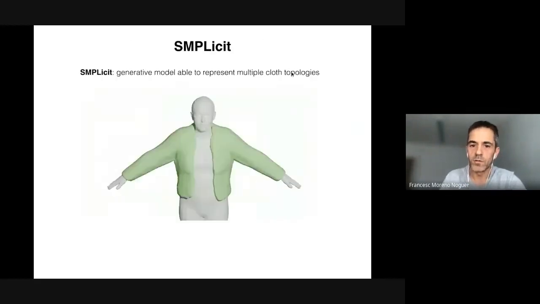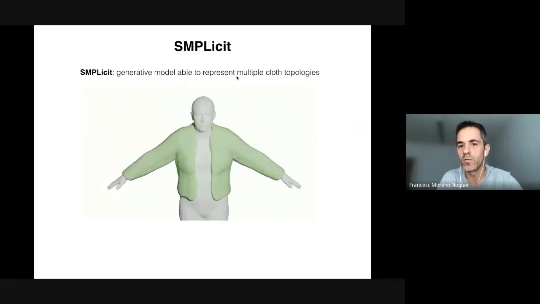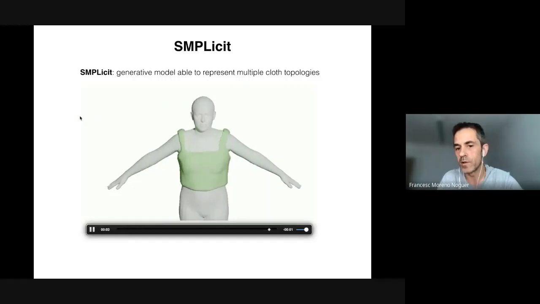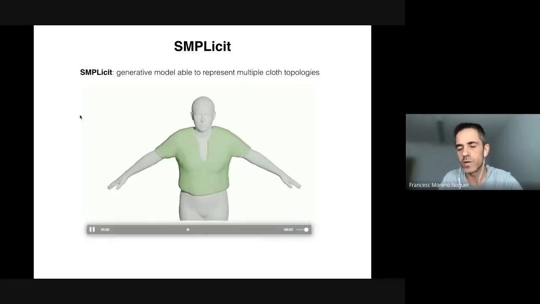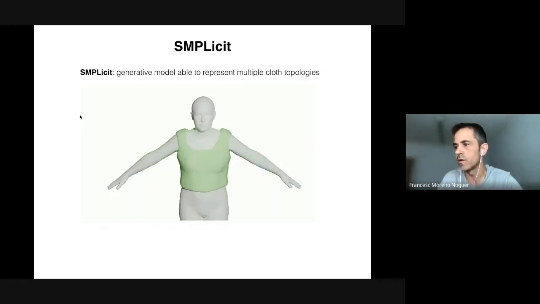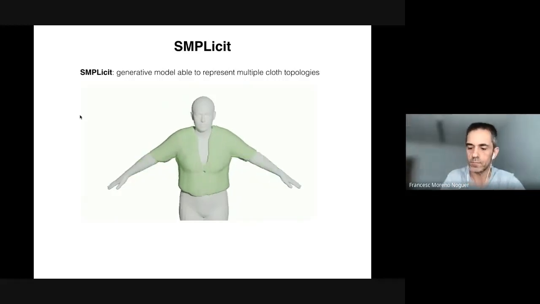The main contribution of the work that we presented, called SimpliCity, is that with a single network we were able to represent different cloth topologies. By changing the input parameters of the network, we can smoothly transition between different topologies, different sizes of the length, etc. All right. This was the main contribution of this work.